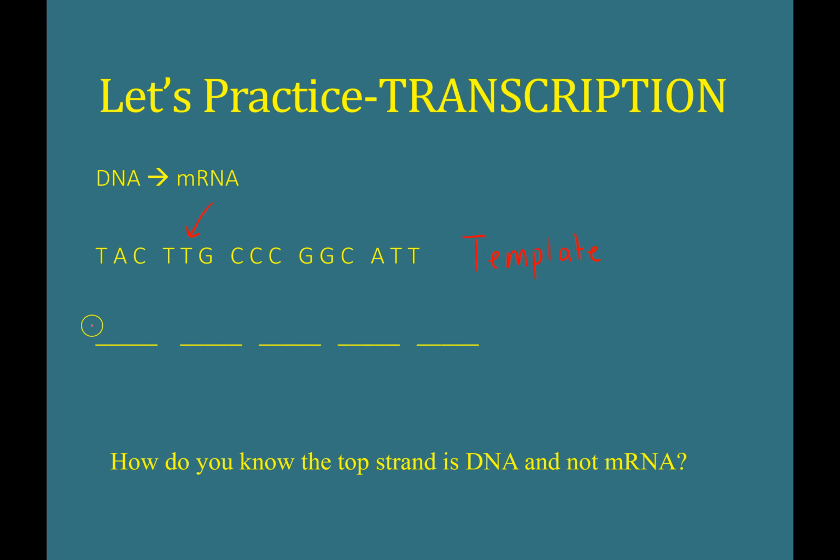From here, if that's a T, that's going to be an A. Normally that A would be a T, but it's going to be a U, and a G. And then we're going to go A, C, G, G, G, C, C, G, and U, A. If you've done that, you have done transcription. You made yourself a piece of mRNA that has the ability to leave the nucleus. And once again, you know the top strand is DNA because of the letter T.